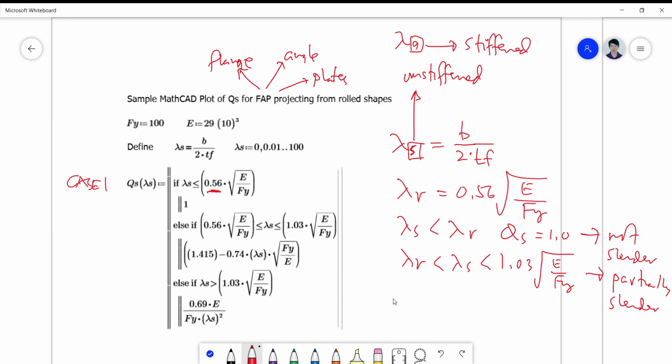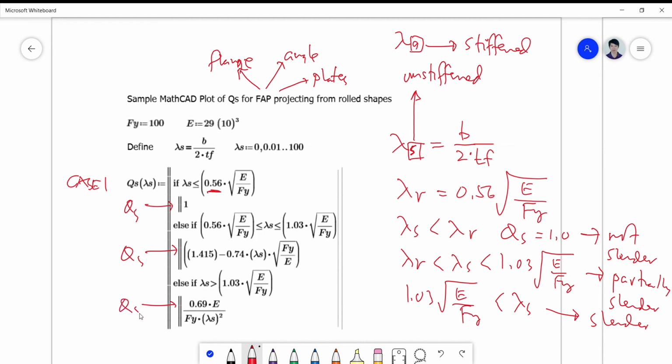And then if it is greater than 1.03 square root of E over Fy, then it is slender. So this is how you deal with the formula, and the value of Qs changes from 1 to this and to this.